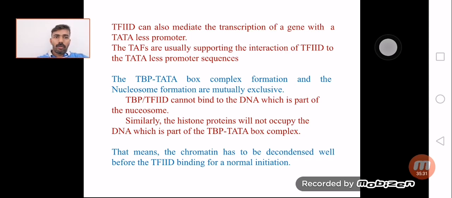And vice versa, when a TBP-TATA box complex already occupies a place in a chromosome, the histones cannot occupy that place. So these are two mutually exclusive events: the histone interaction with the chromosome and the TFIID interaction with the chromosome. So it is clear that the chromatin has to be decondensed well before TFIID binding for normal initiation. Otherwise, it cannot initiate transcription.